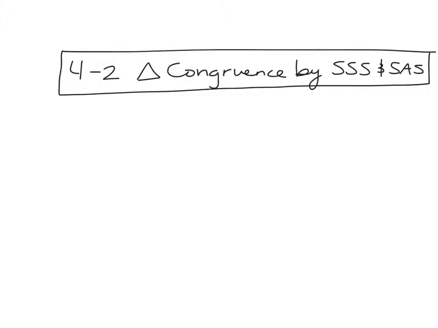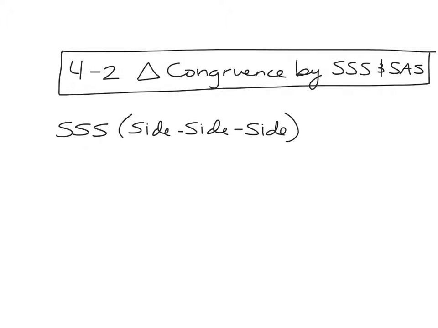It's beautiful. So the first one is called SSS, which is really just short for side, side, side, okay? You never need to write side, side, side. You may write SSS every single time.